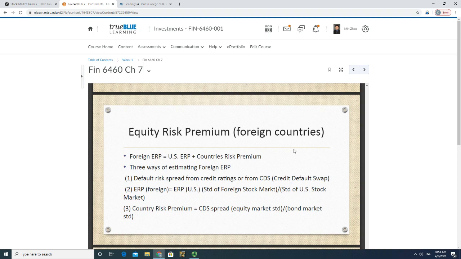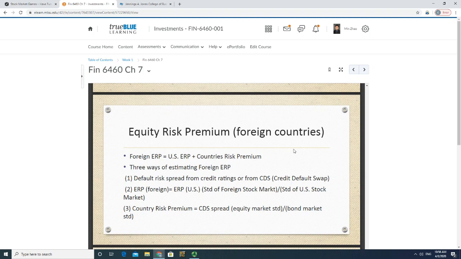And the third method is to look at the CDS spread times the equity market standard deviation divided by the bond market standard deviation. Because this CDS spread is the spread on the bond market, but the equity market risk can be higher than the bond market. Therefore, we make an adjustment based on equity market standard deviation and bond market standard deviation.